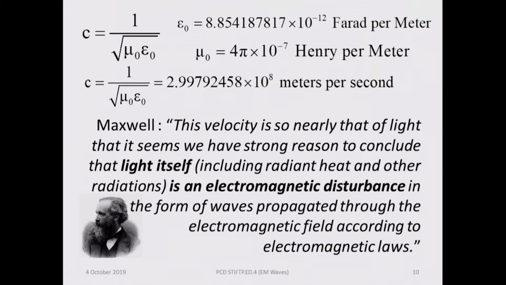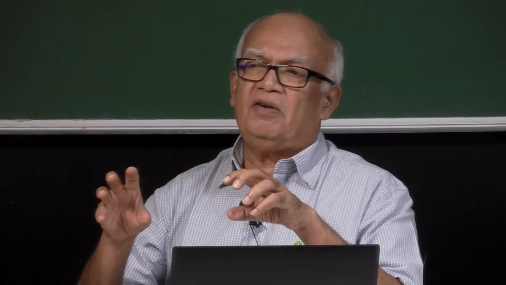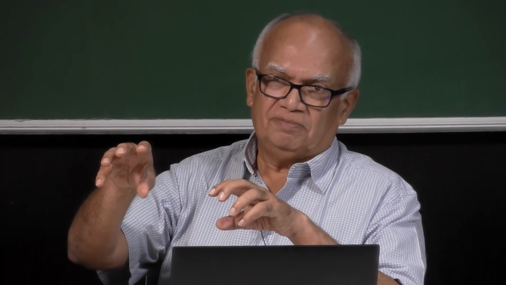But comparing it with the velocity of light as was known at the time, Maxwell said that this velocity is so nearly that of light that it seems we have strong reason to conclude that light itself is an electromagnetic disturbance. So, not only is the subject of electricity unified with the subject of magnetism, but it is also unified with the subject of optics and light.